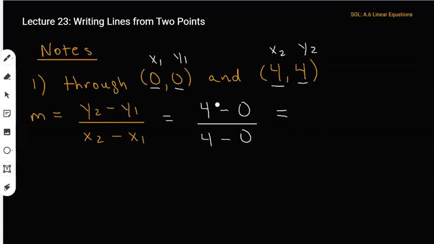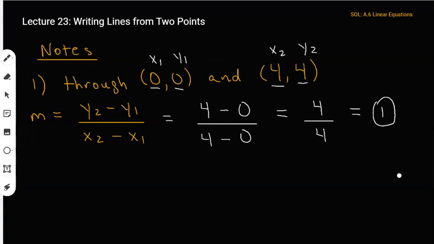On top, I have 4 minus 0. That's going to give me 4. On the bottom, I also have 4 minus 0. That's going to give me 4. And now I can divide the top by the bottom. 4 divided by 4 is positive 1. So 1 is going to be my slope for this line.